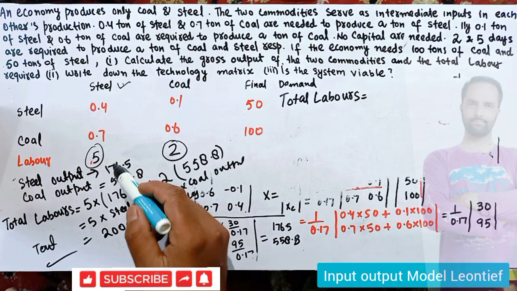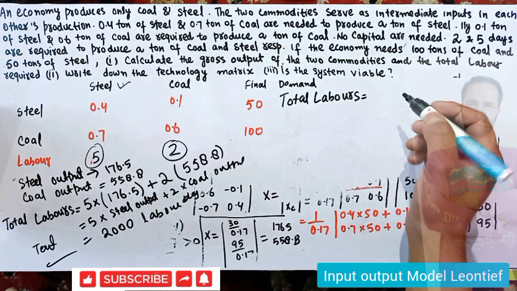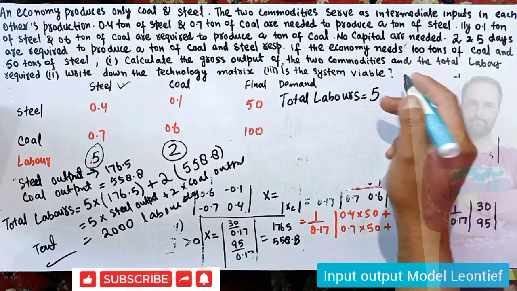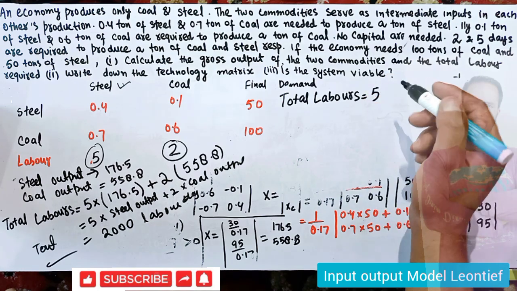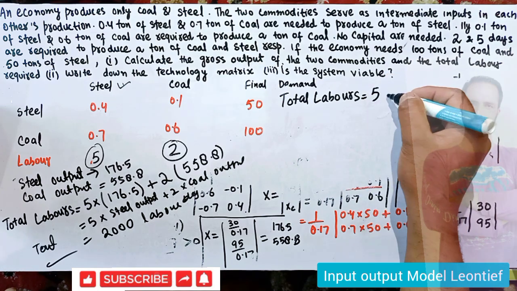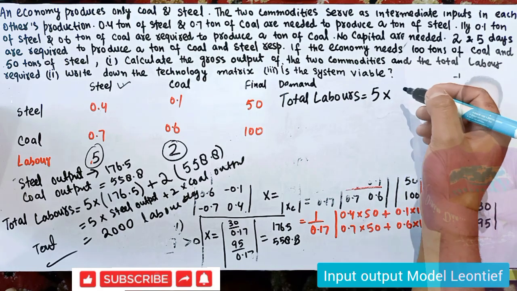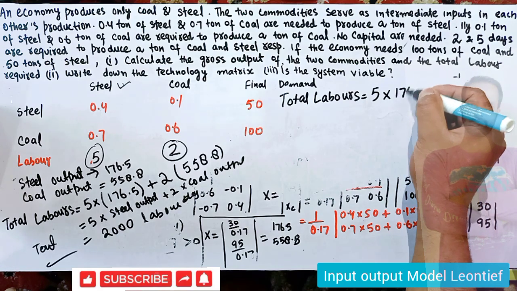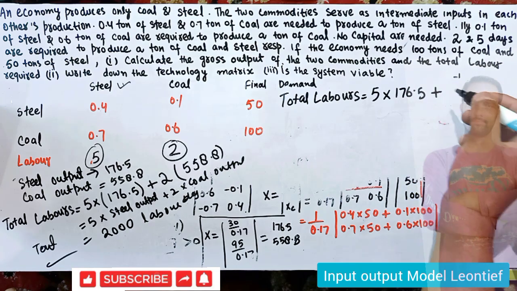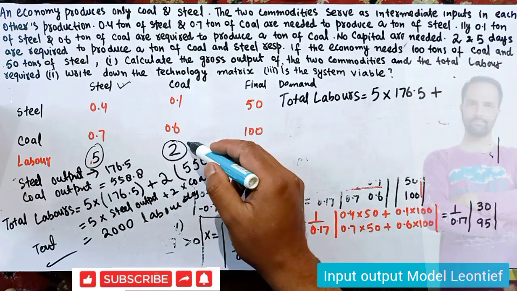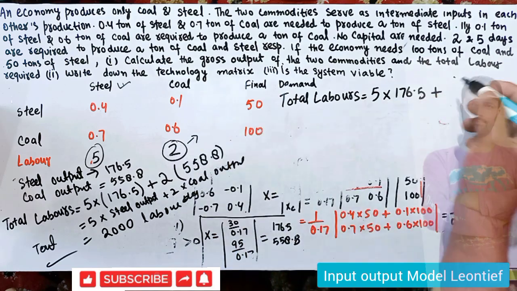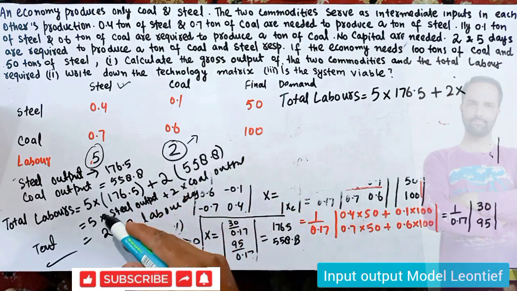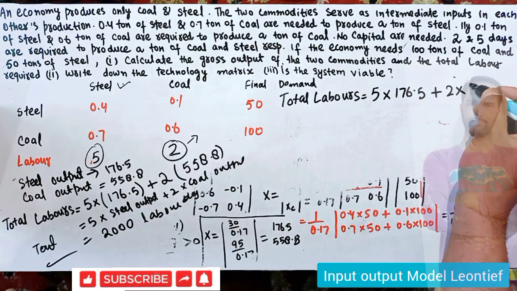Since we are producing 176.5, the number of labor days to produce 1 ton of steel into the number of tons of steel being produced, that is 176.5. Similarly, we have the number of labor days required to produce 1 ton of coal, that is 2, into the number of units of coal being produced, that is 558.